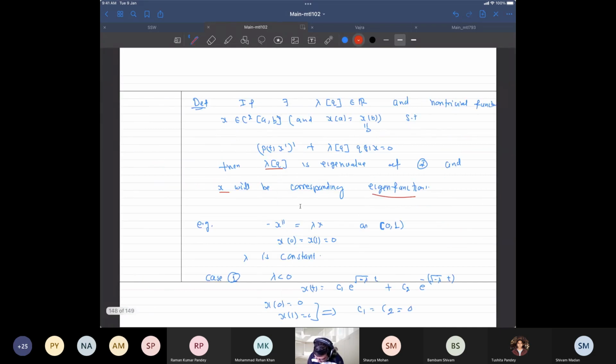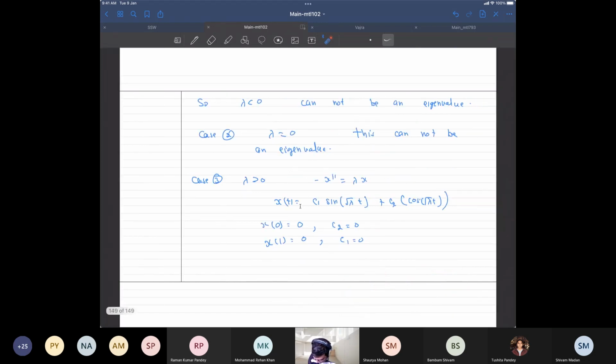In this case, note that these functions never vanish for any value of lambda. But here there are certain values of lambda for which they vanish, and there is a possibility that for those I can take some C1 and C2 so that these conditions are satisfied irrespective of C1 and C2.